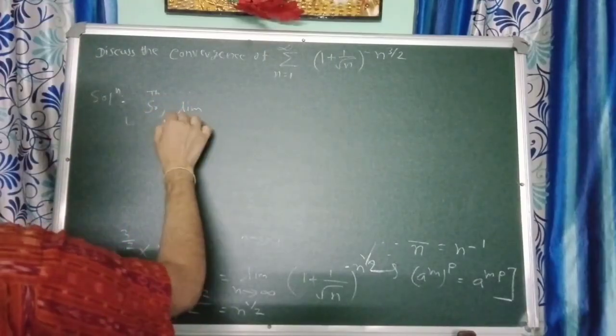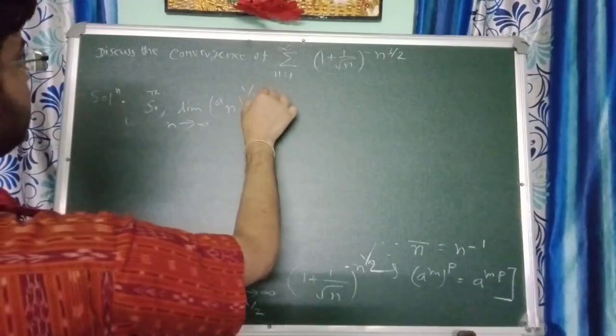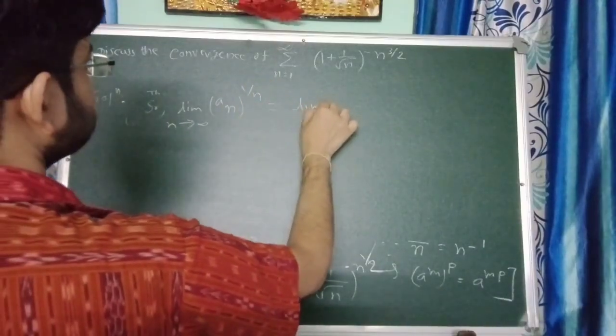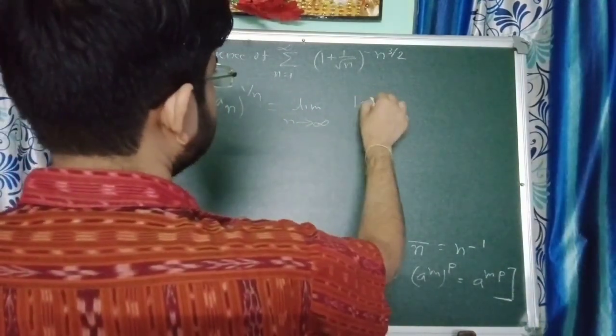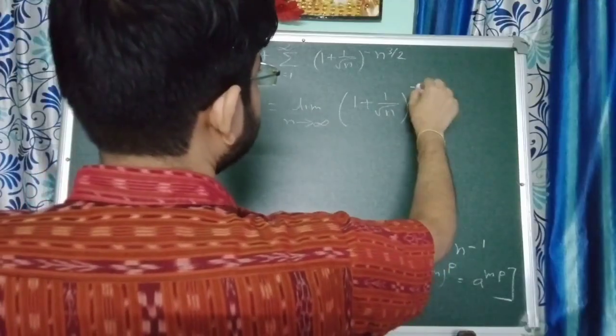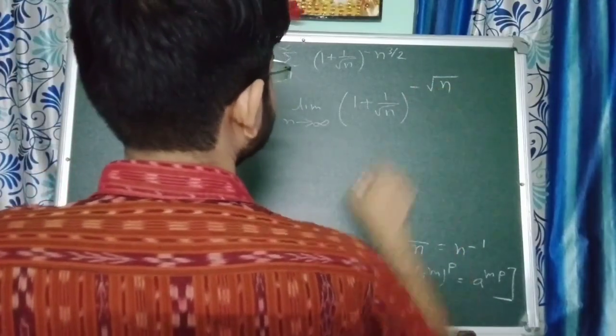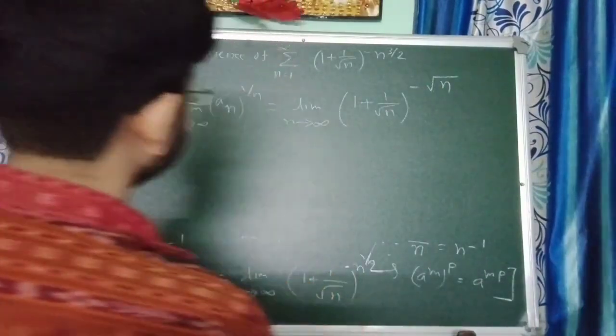So limit n tending to infinity a_n to the power 1 by n equals limit n tending to infinity (1 plus 1 by root over n) to the power minus root over n. Since n to the power half means root over n.